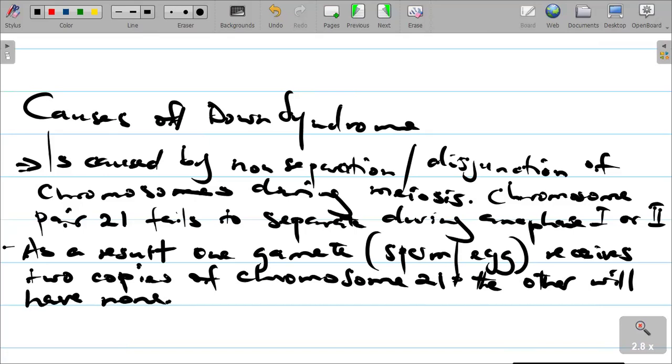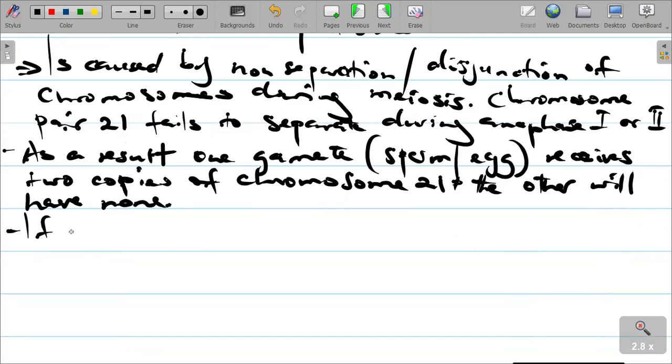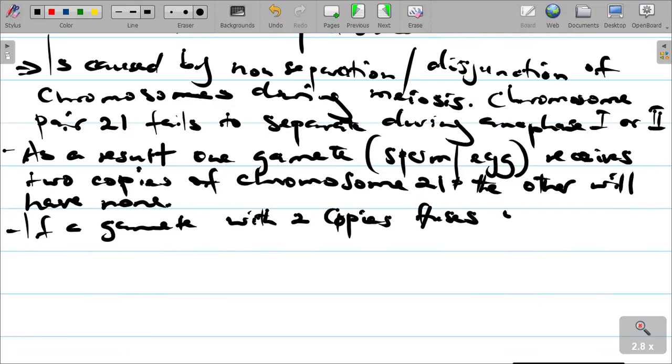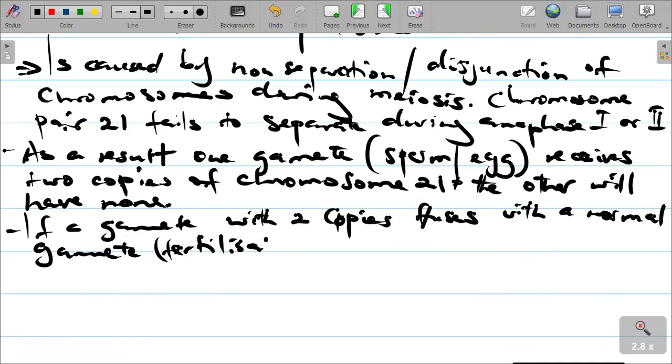So now, if the gamete with 2 copies fuses with a normal gamete in fertilization, the resulting zygote will have 3 copies of chromosome 21.